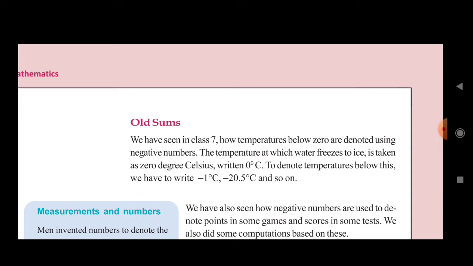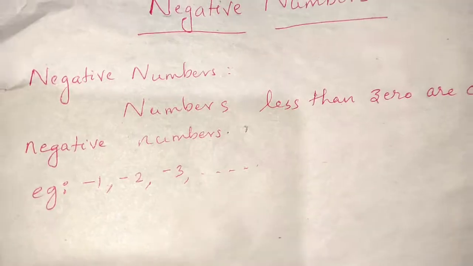Water freezes at 0 degrees Celsius. If the temperature is less than 0 degrees Celsius, it is called negative. That means -1 degree Celsius, -20 degrees Celsius. We have heard something like that in the newspaper, right?